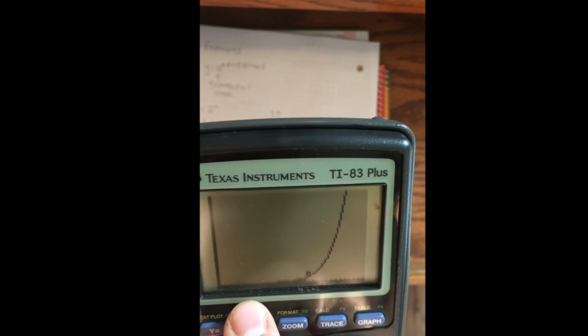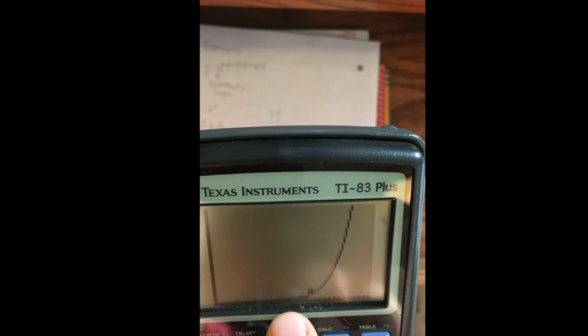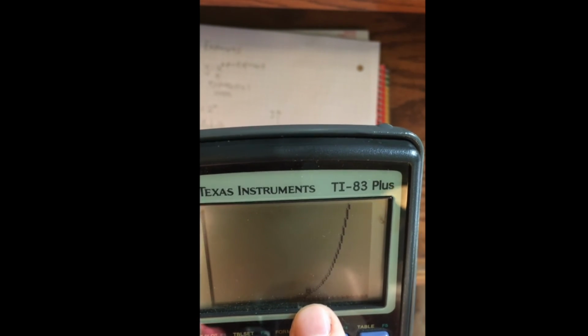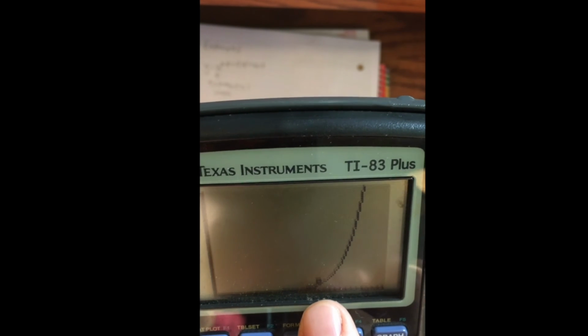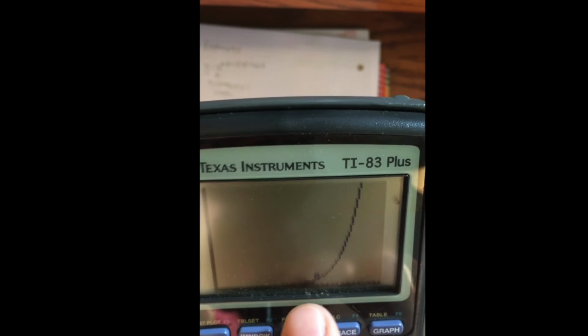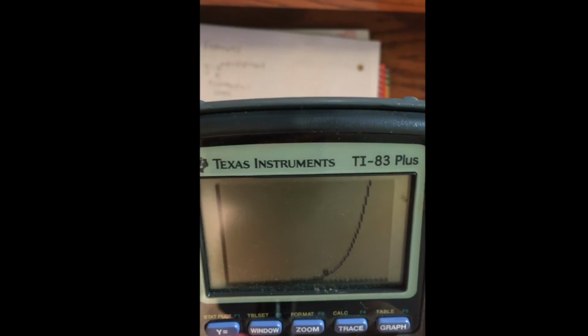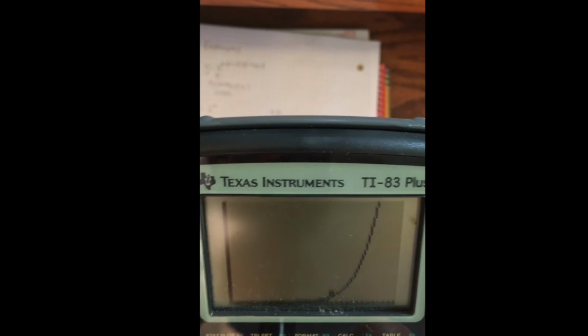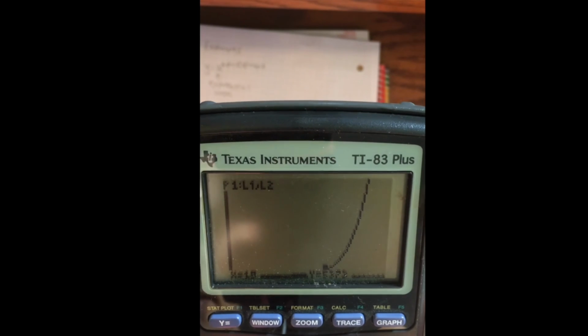So notice how here's basically most of the data we had. This one little outlier here is what really started making it even more exponential and fit more into that exponential curve here.